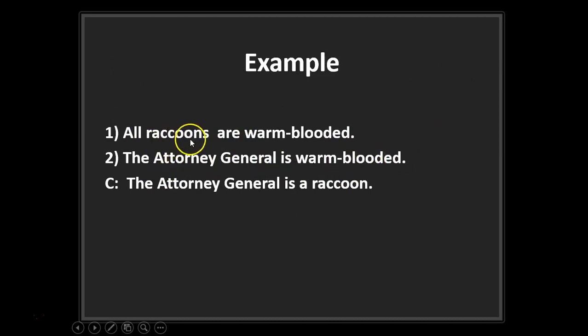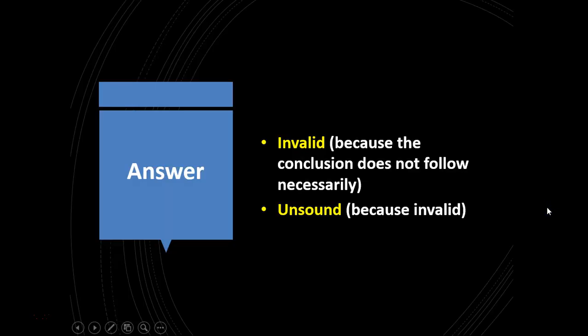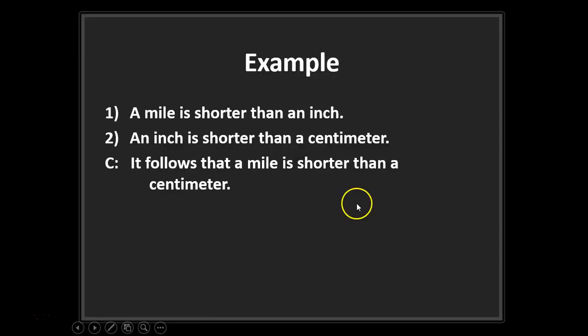Does that mean you can deduce necessarily anything about the Attorney General and raccoons relative to one another? No, you can't. So the pattern's the same, but maybe this will allow you to see where that reasoning can lead you, right? So again, this argument's invalid because the conclusion does not follow necessarily from the premises, and it's unsound because it's invalid.